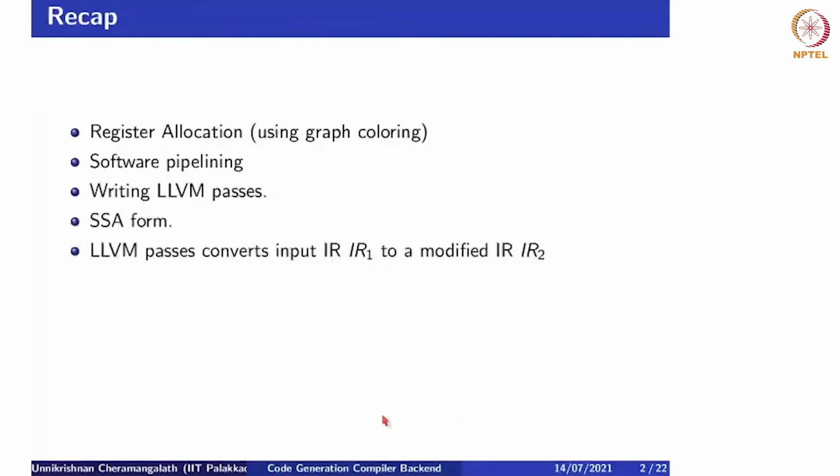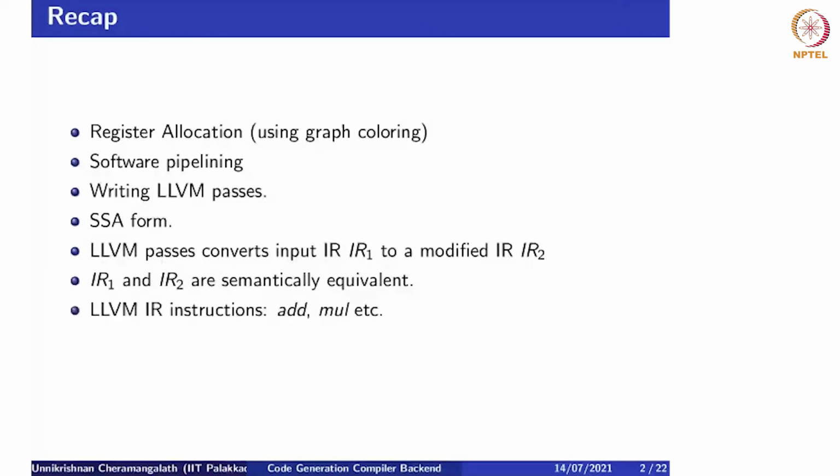Then you studied SSA form, like in LLVM passes, where you convert one input intermediate IR1 to a modified IR2, and IR1 and IR2 should typically be semantically equivalent, and LLVM IR has instructions like add, mul, etc. Here the difference with respect to an LLVM backend or a compiler backend is that add, mul are independent of the target hardware.